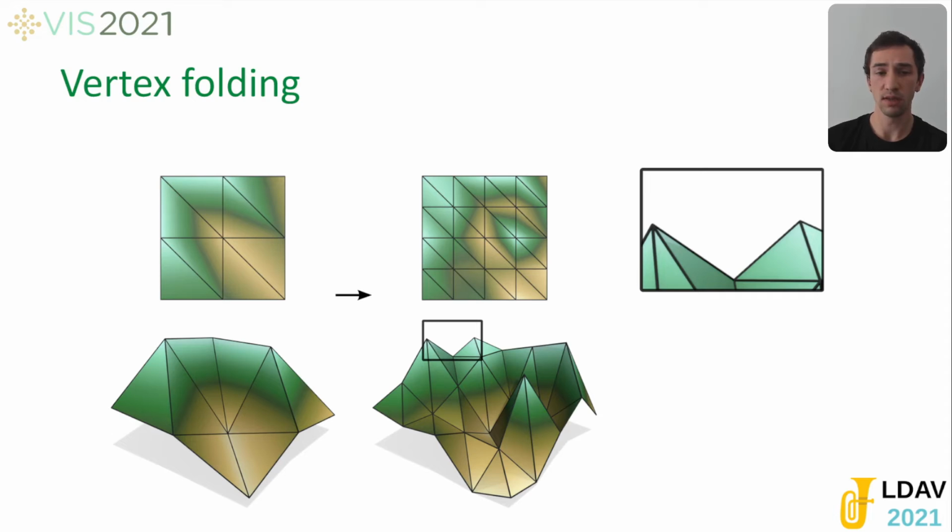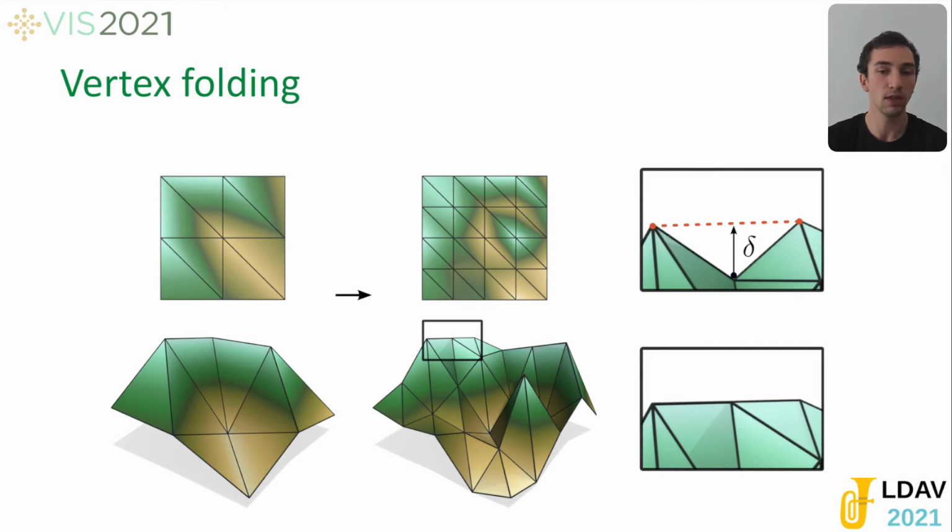So we noticed that we can artificially change the scalar value of this vertex as it is inserted in order to guarantee its monotony. So we set the new value to be the linear interpolation of the values of the vertices previously forming the edge. So this process that we call folding ensures the monotony of the vertex. And in fact, here it is now a topologically invariant vertex that we know to be regular.